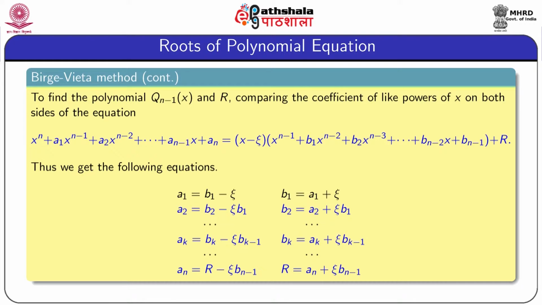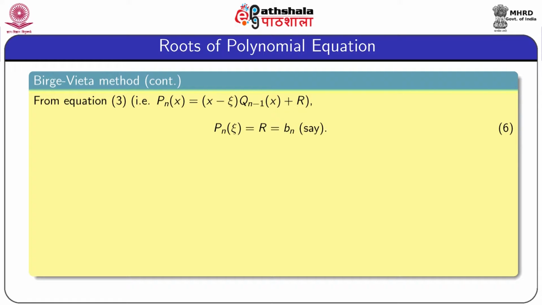That means the right hand side terms give the values of b1, b2, bk, and lastly bn. That means this gives the coefficients of the quotient polynomial Q_{n-1}. And from the last expression, an plus xi b_{n-1}, we obtain the remainder.